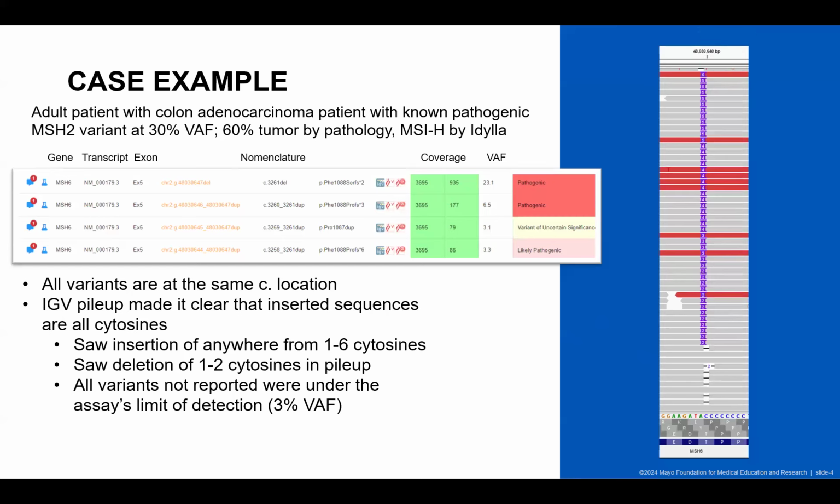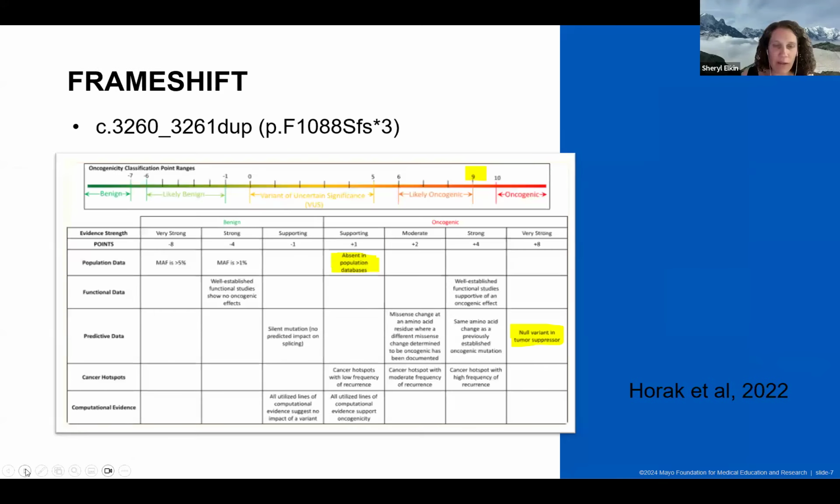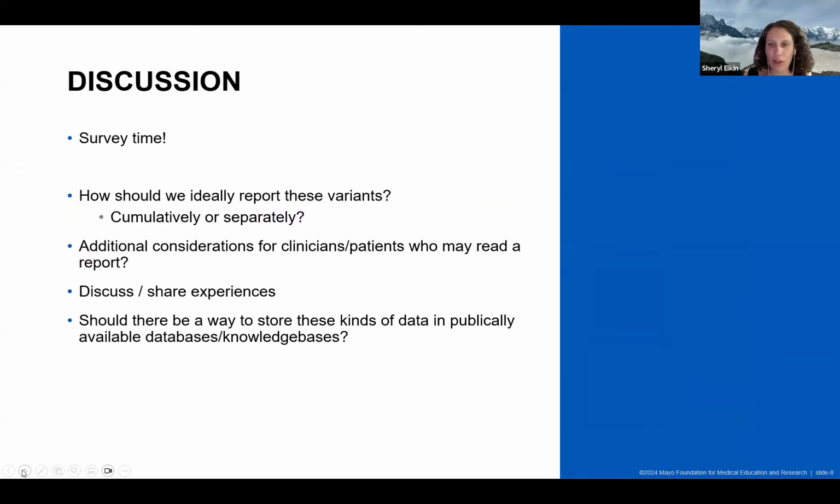I think you can have that as a comment somewhere, but the bottom line is that you're pretty sure there's a loss of function in this gene. Right. It's hard to say which mutation do you report, or do you report a couple of them, and how do you decide to do that.